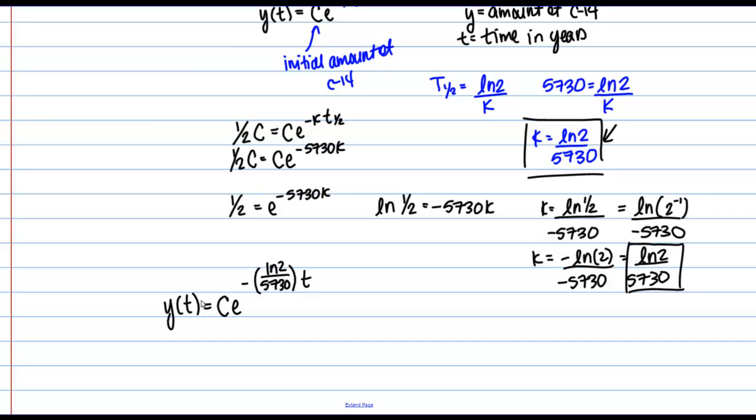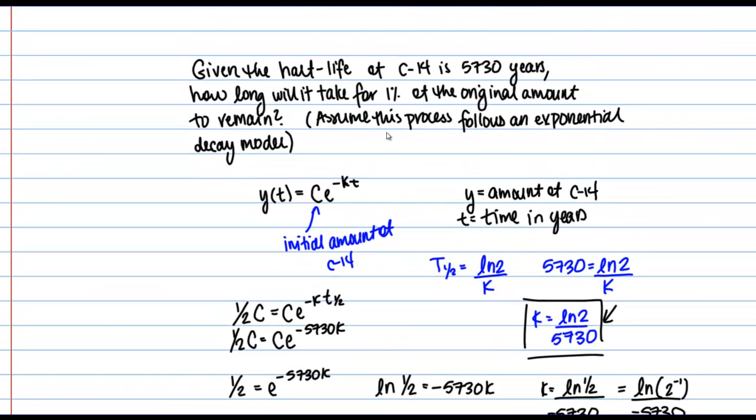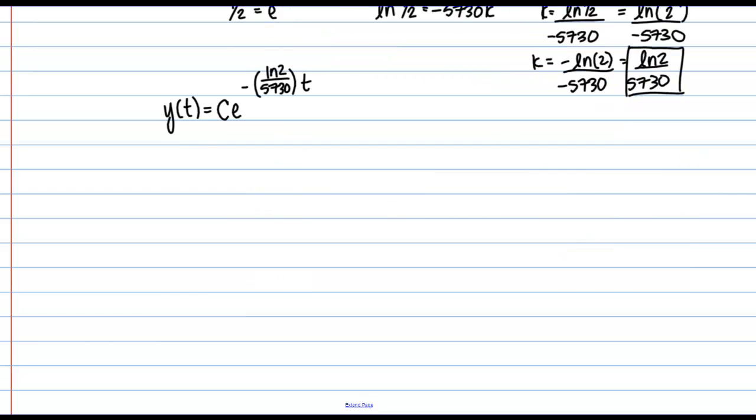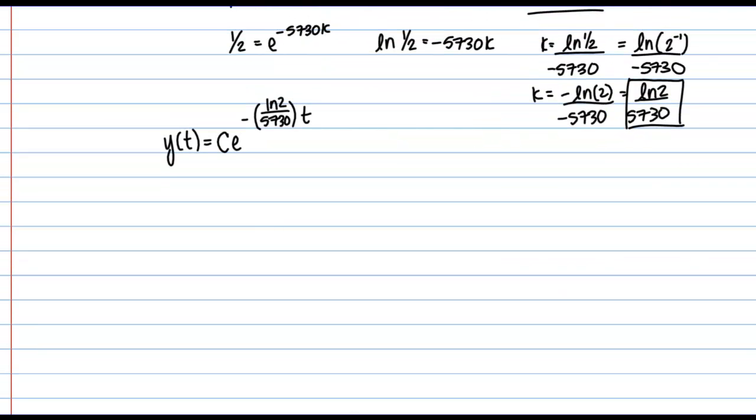I am going to figure out the amount of carbon-14 that's left, and here it's in terms of C. So remember what my ultimate goal is. My ultimate goal is to figure out how long it'll take for 1% of the original amount to remain. So I'm looking to solve for some t value. So what I want to do is plug in the appropriate y value, the appropriate amount of carbon-14.